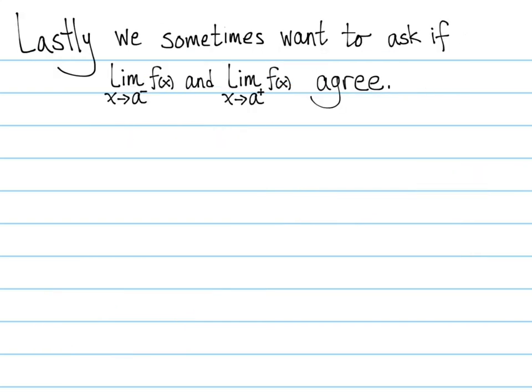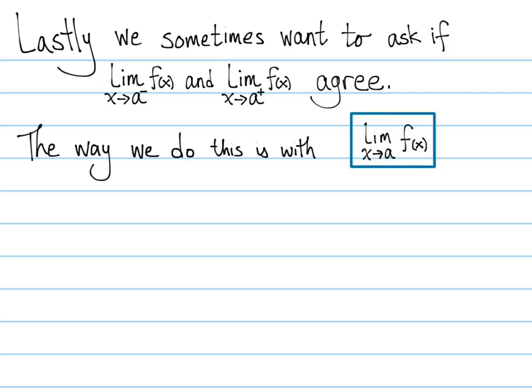Sometimes what we want to know is whether or not the limit on the left and the limit on the right agree. The way we do this is by just asking what is the limit as x approaches a of f of x. We don't use a minus and we don't use a plus.